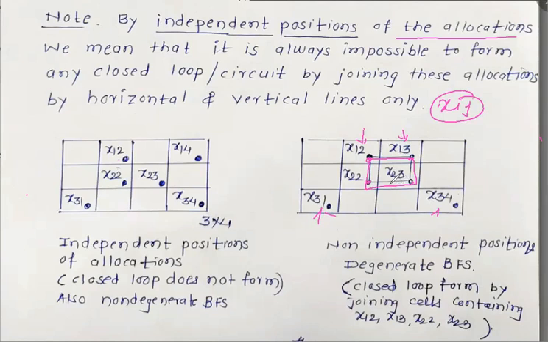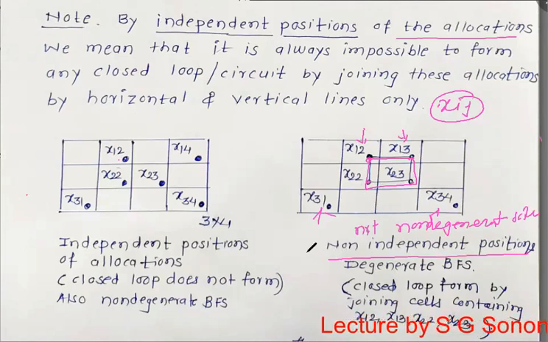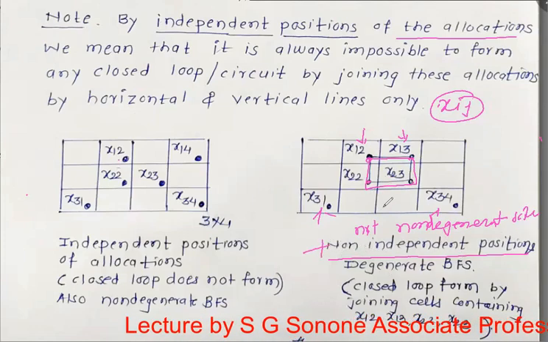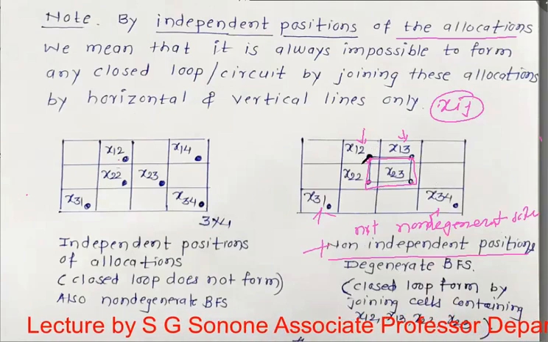So this is not a non-degenerate solution. We say that these positive allocations are not at independent position. That is, this is a non-independent position of positive allocations. So here a closed loop is possible.